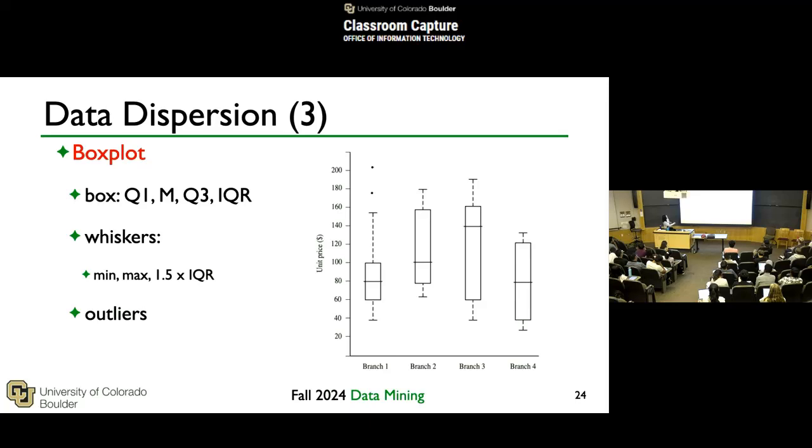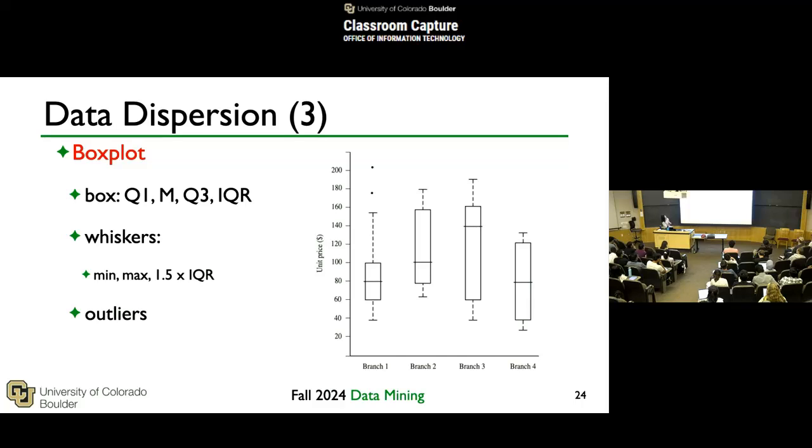I also use the whiskers. Here, generally I just show up to 1.5 IQR or their actual value, so it will not go beyond my min or max value. Either they're within my min and max or within the 1.5 IQR, and then I have the outliers showing individually. As you can see, you can easily compare across branches.